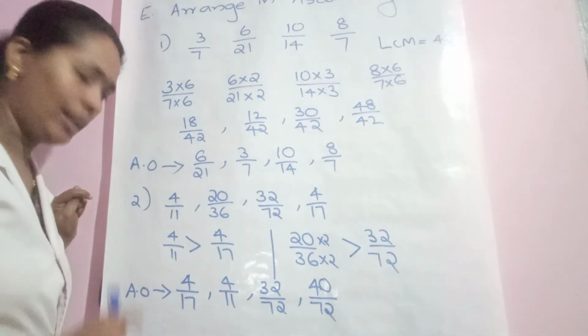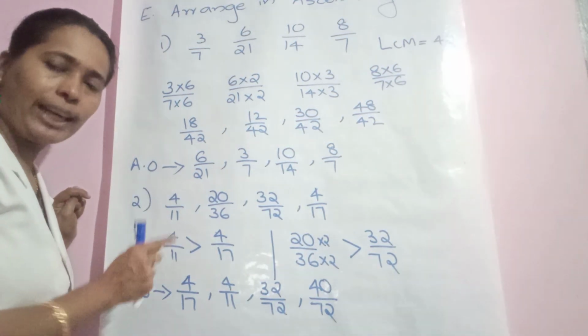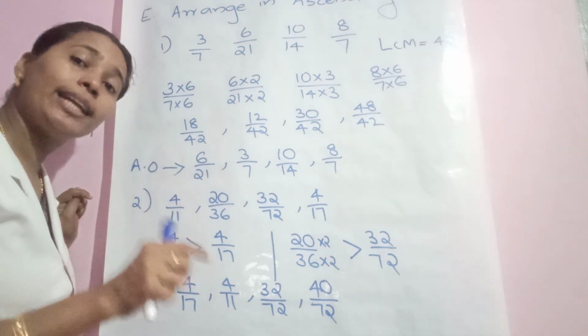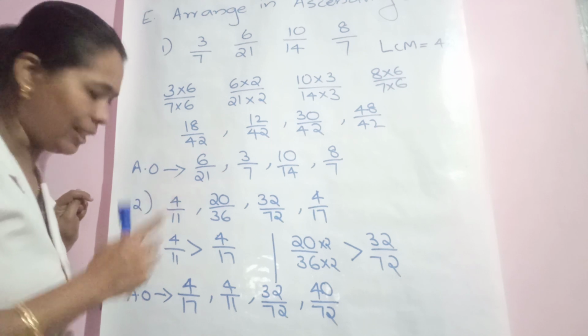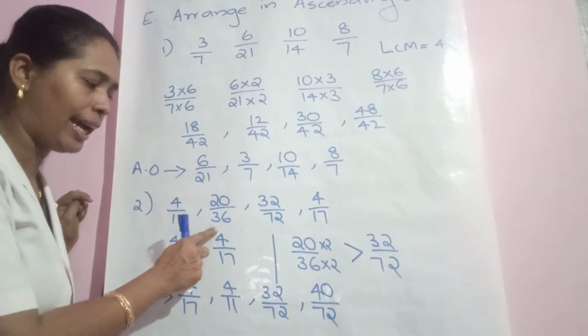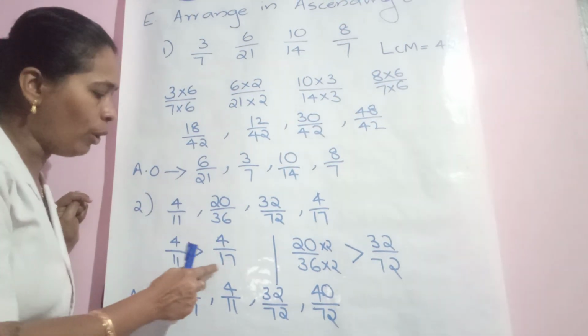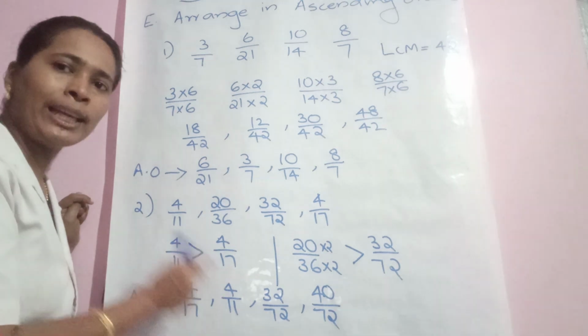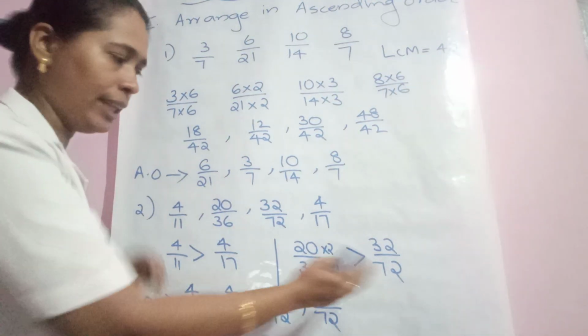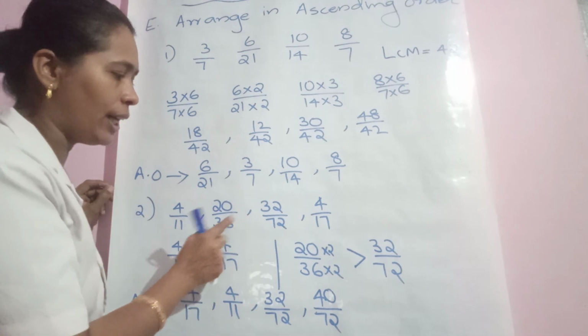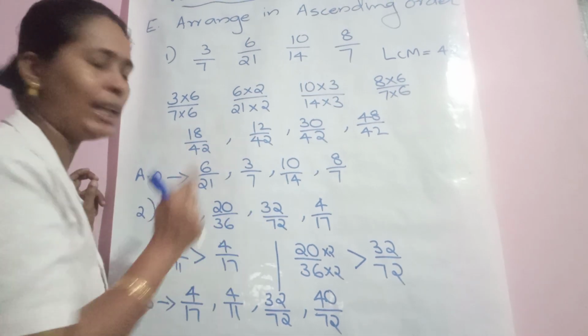So which is big? Cutting a sweet into 2 or cutting a sweet into 3, which is big? Into 2 is big, isn't it? That's why we can write 4 by 11 is greater than 4 by 17. Or you studied the comparison using cross multiplication. Both are correct.